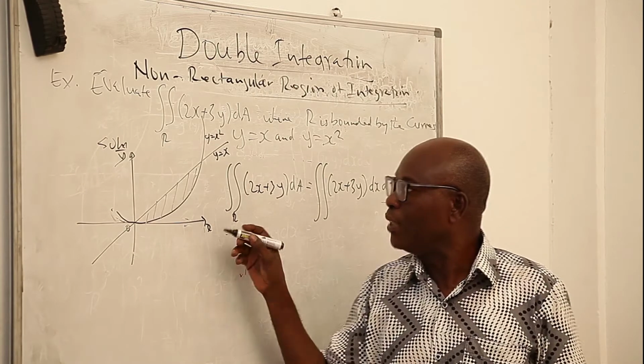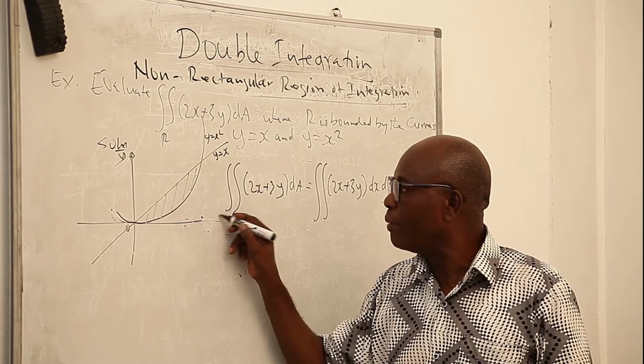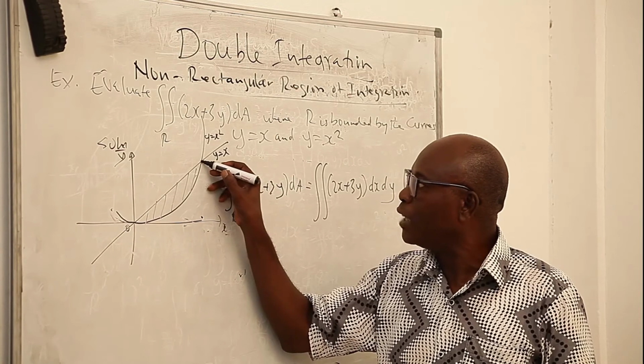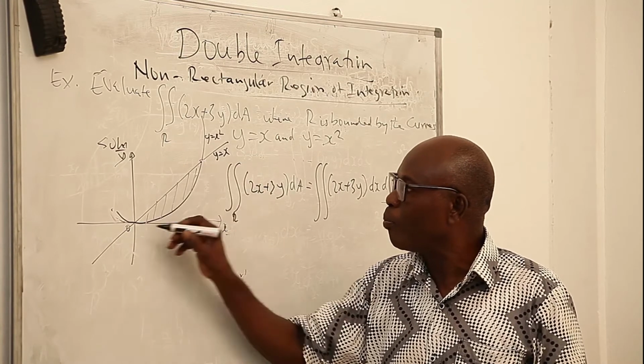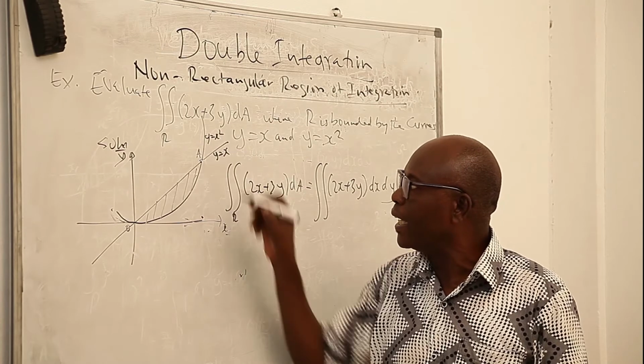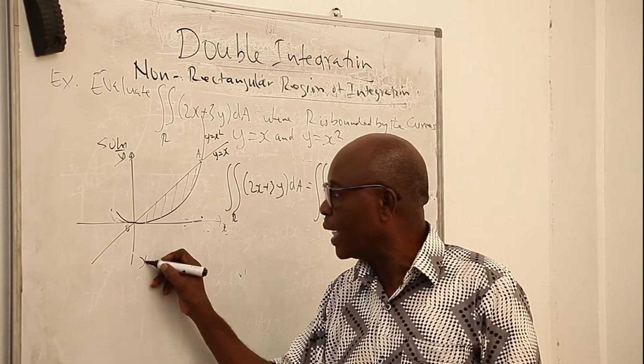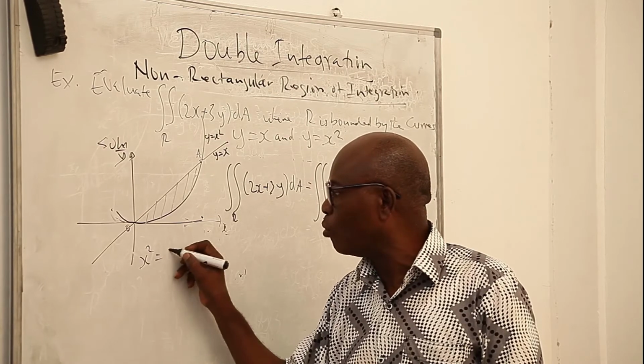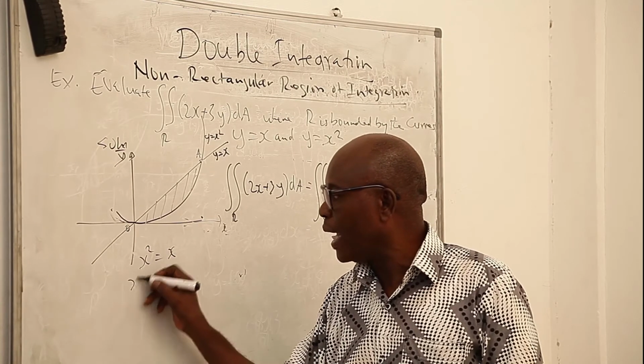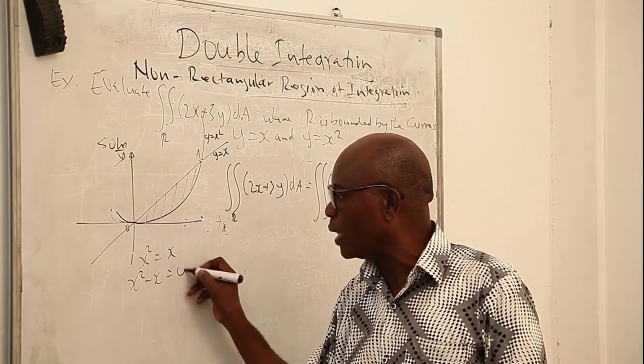We realize that these two curves will meet at this point O and let's say point A. And so where these two curves meet, we solve the simultaneous equations. x squared is equal to x. Therefore, x squared minus x equals 0.